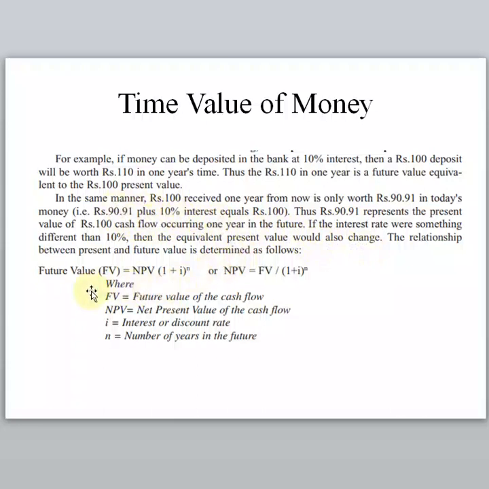So the relationship between future and present value is given: future value FV equals present value times (1 plus i) to the power n, or you can relate it as present value equals future value divided by (1 plus i) to the power n. Here i is the interest or discount rate and n is the number of years in the future. This is nothing but the time value of money.